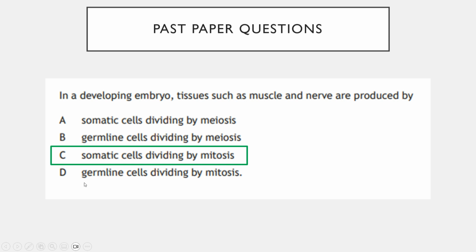So we can rule out B and D because we're only dealing with somatic. So once we've established that they're somatic cells, the next thing is think, well, what type of division do these cells partake in? So somatic cells are the ones that only do mitosis. So it has to be C. Somatic cells divide by mitosis.